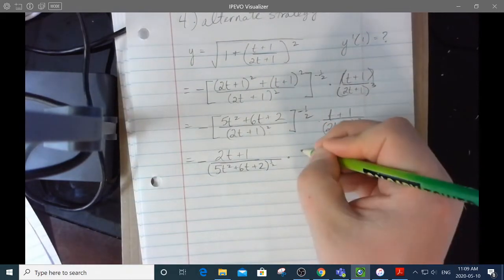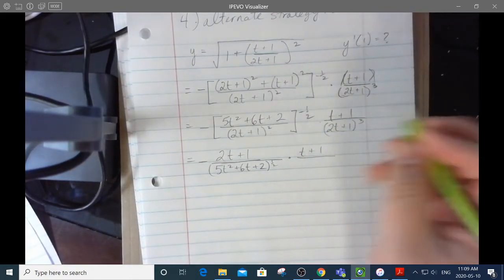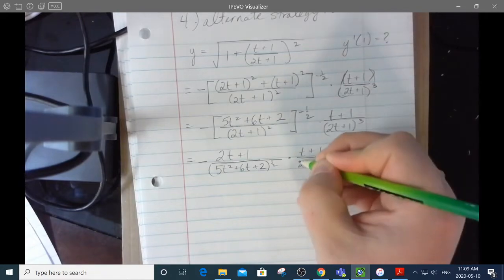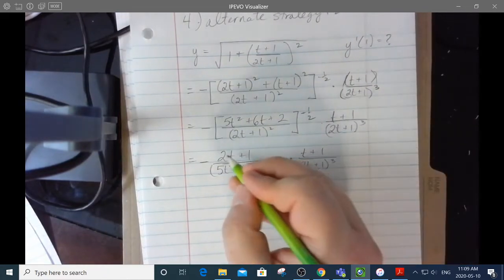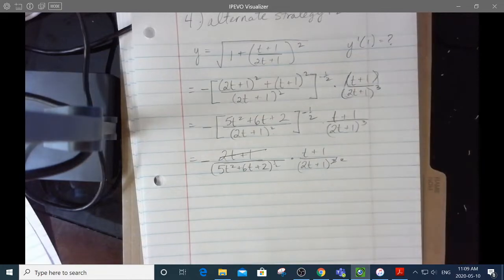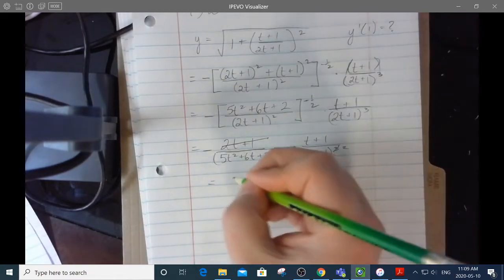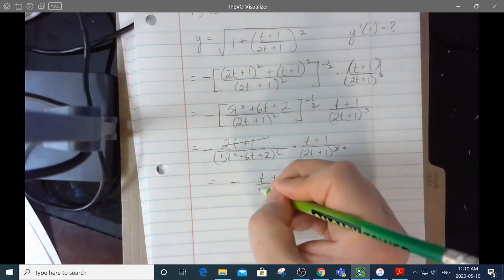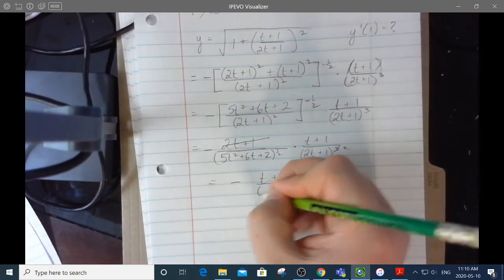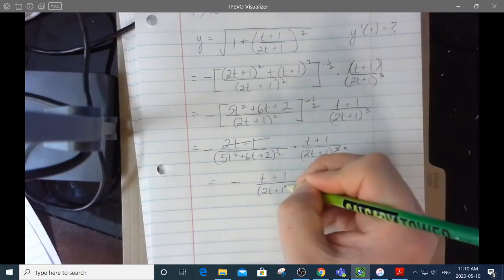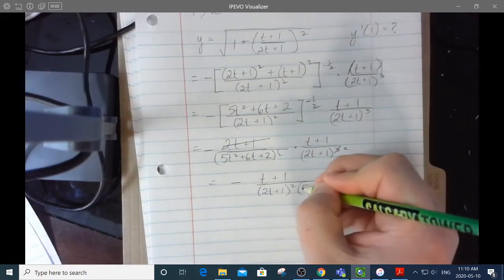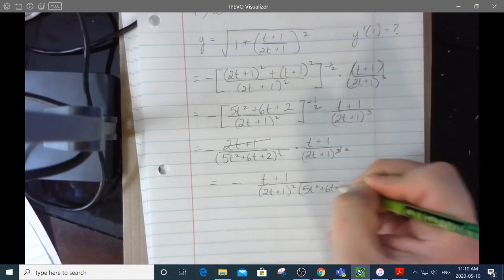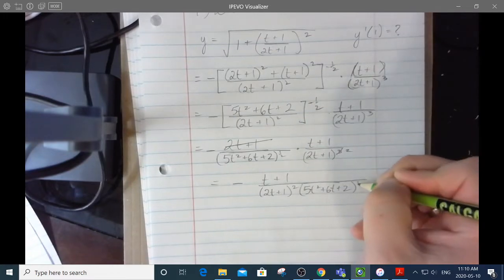And over here I have t plus 1 over 2t plus 1 cubed. This cancels that down to a squared, and that gets me to the same answer I got the other way. That's 2t plus 1 squared times 5t squared plus 6t plus 2 to the power of a half.